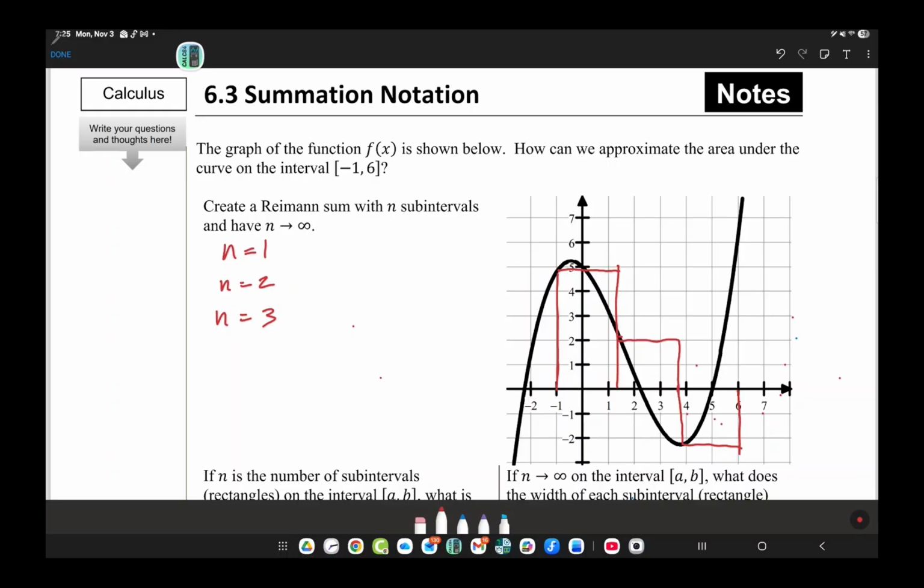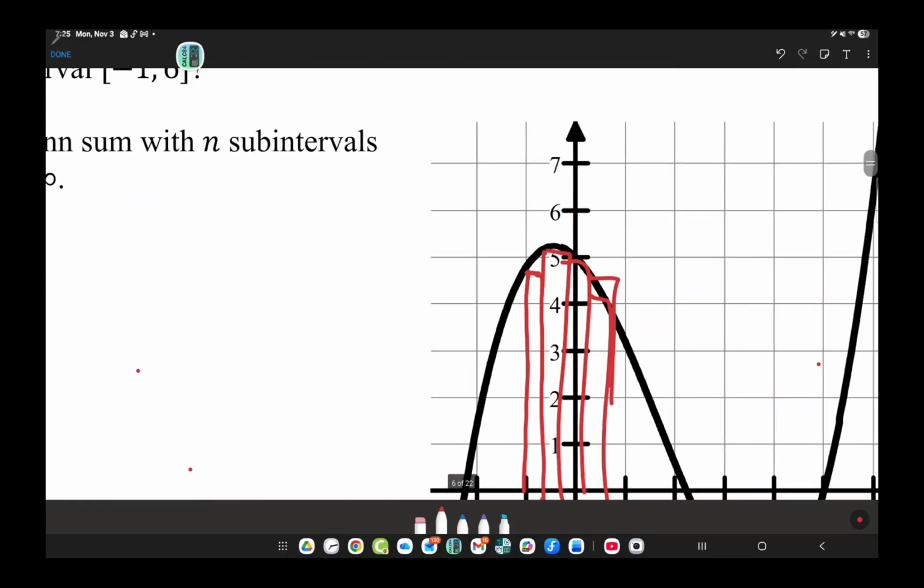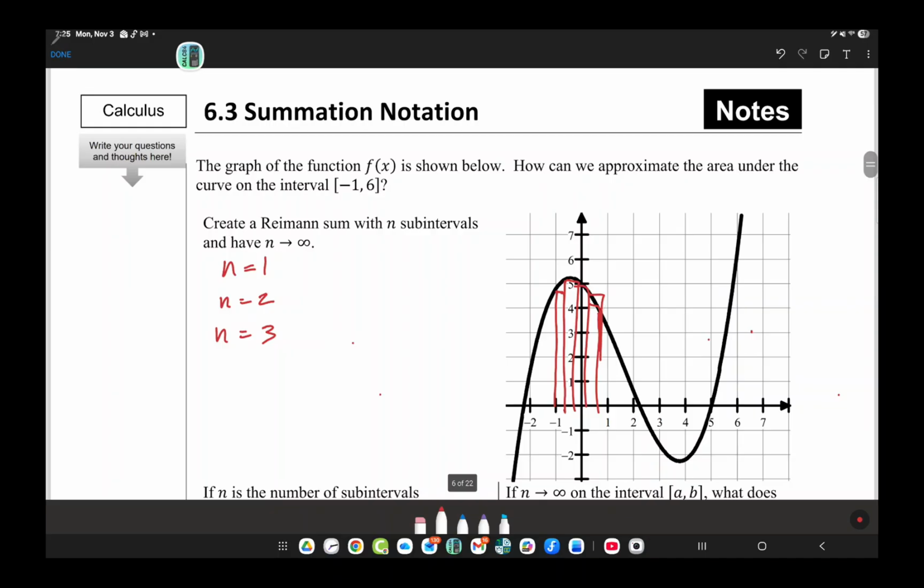as our value for n, the number of rectangles, increases, so if we had just an absolute ton of rectangles here, the better our approximation is going to be. Even if we just had a bunch of small rectangles, actually this goes above. Did not mean to zoom in.